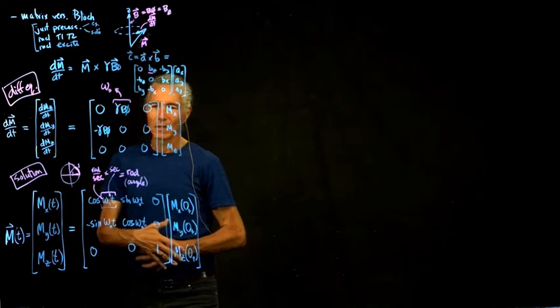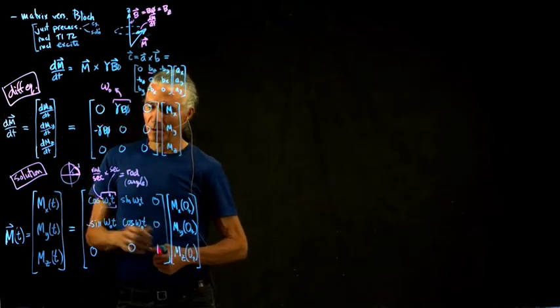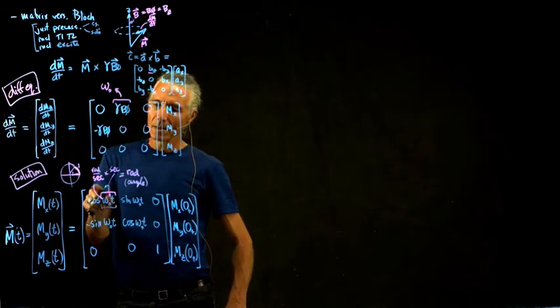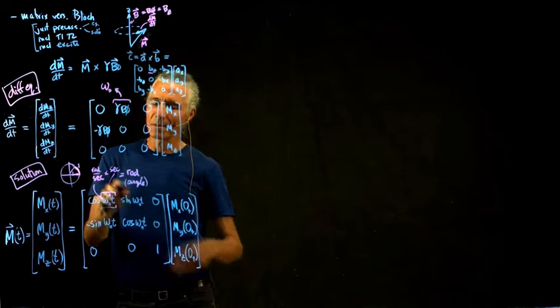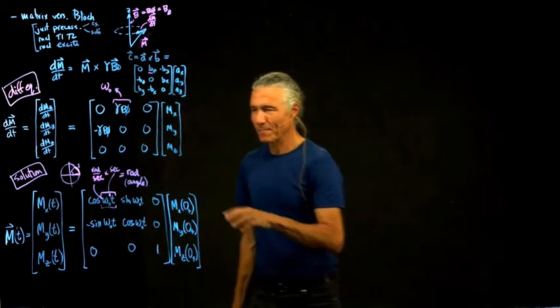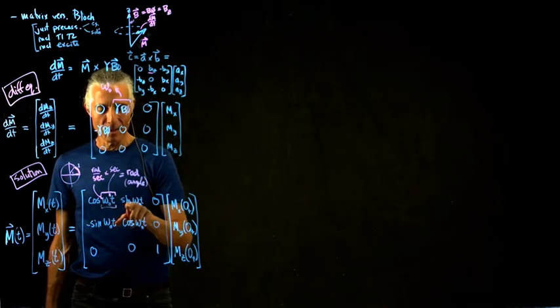But to convert to degrees, you have to scale by 180 over pi. But in any case, this thing is an angle, so this is just cosine of an angle.